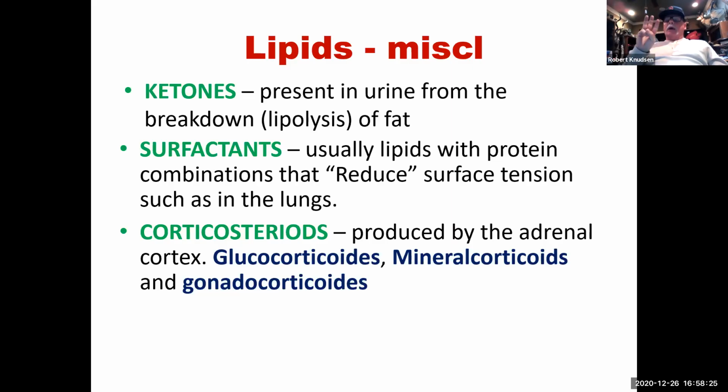The outside, the cortex, actually produces three major categories of steroids. They're called the corticosteroids. Glucocorticoids, what do you think? Glucose, yes. So when your body is going to go through mitosis, repair, you've had an injury, had surgery, you've been burned, that's when it really floods. It'll trigger the hormones, collectively called the glucocorticoids, to be released in the blood, and it will raise the glucose level in the blood.